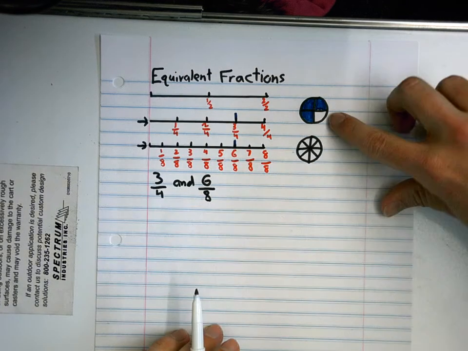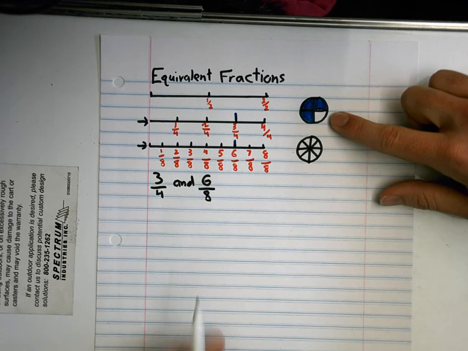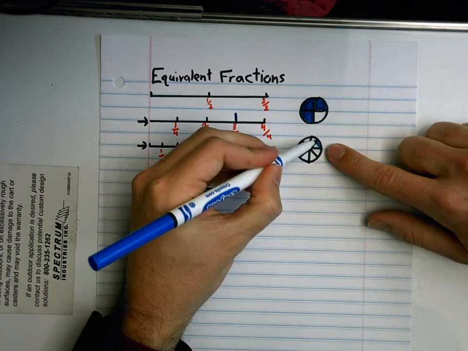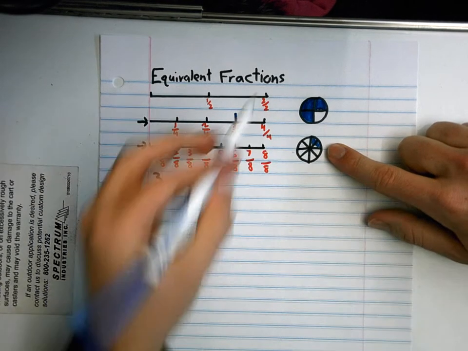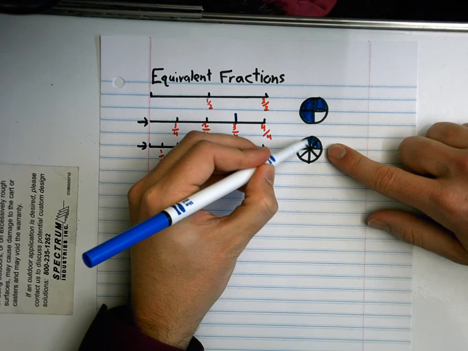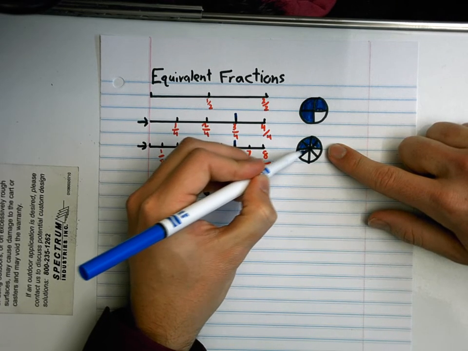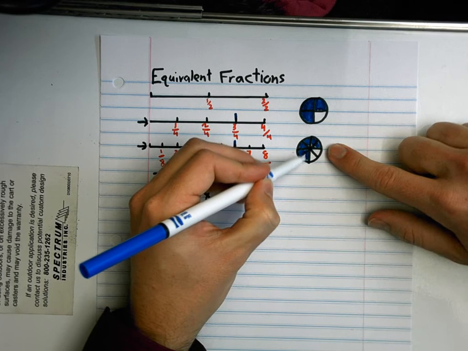You guys see how much I have colored in? Okay. Now down here I'm going to color in 6 pieces. 1, 2, because I have 6/8. 1, 2, 3, 4, 5, 6.